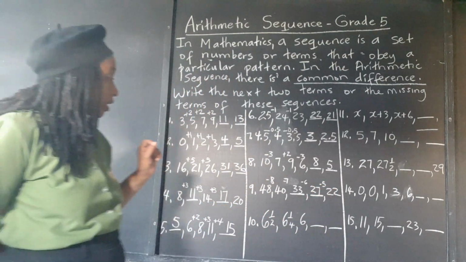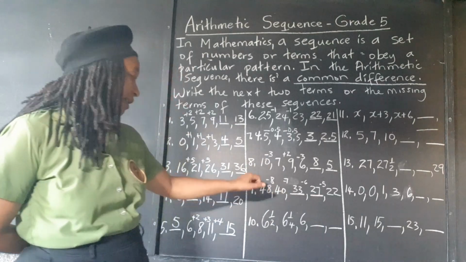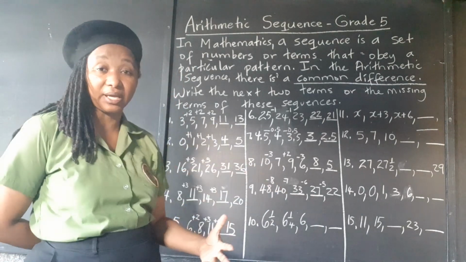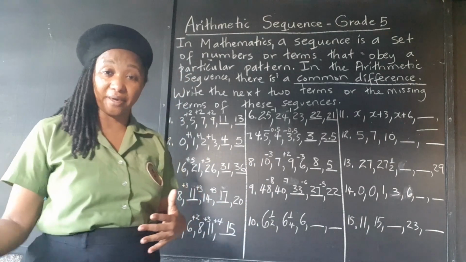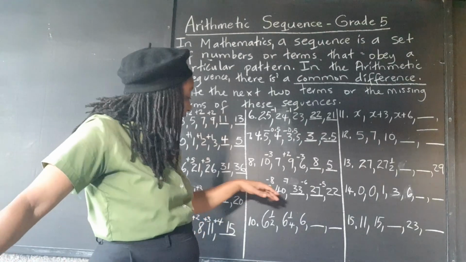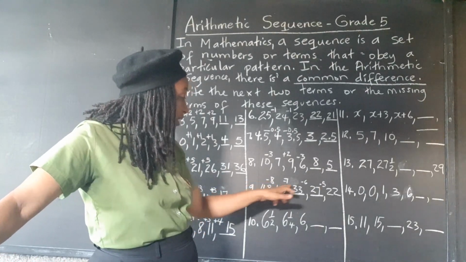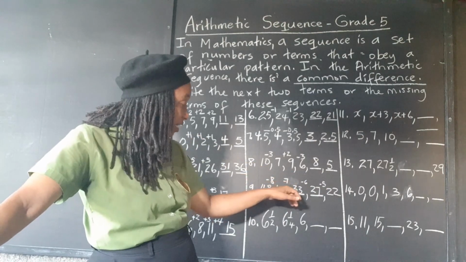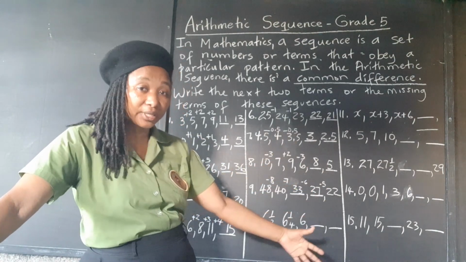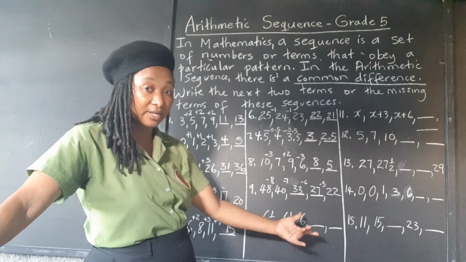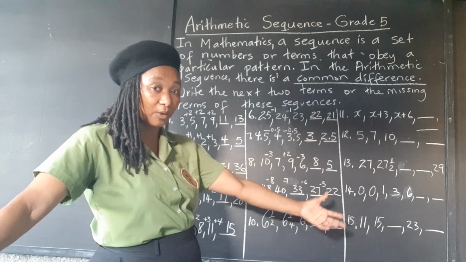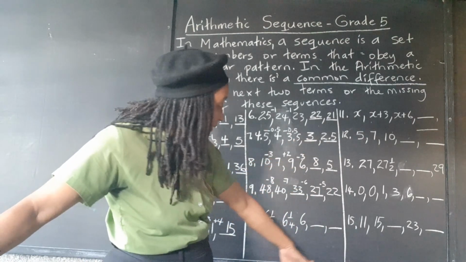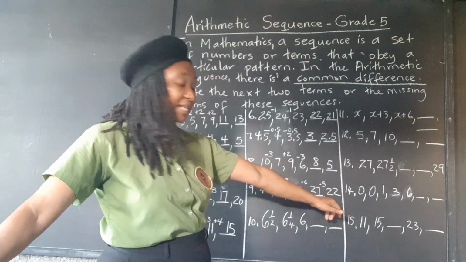So at first we thought, okay, they're taking away 8, so maybe that's what they're doing all the time. But if we did that all the time, we would not end up with 22. Because 40 take away 8 would give 32, take away 8 would give 24, take away 8 would be 16. So we would not end up with 22.